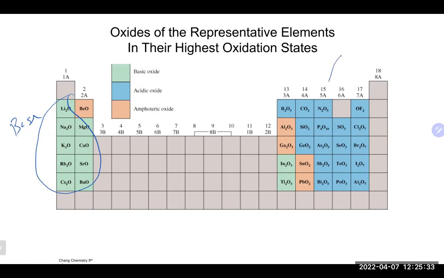Where our nonmetals are, on this side here, nonmetals that have oxygen involved, is typically where our acids come from. If you think about something like CO2 in some water, that makes carbonic acid. That's where a lot of acids come from. And then we do have stuff that could go both ways.